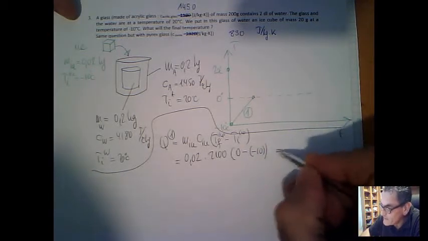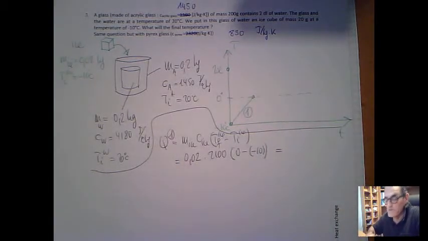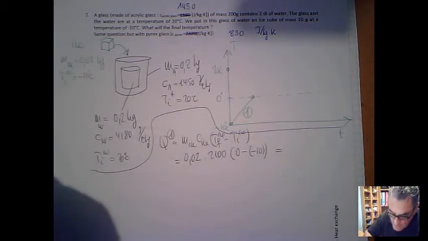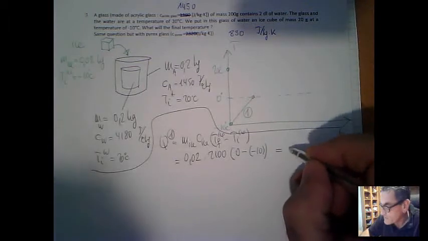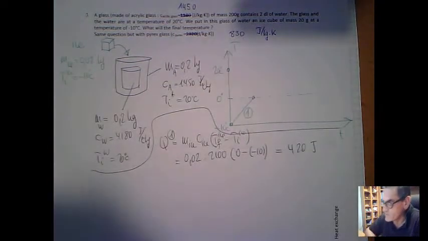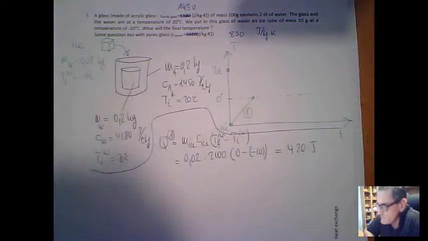And so this is giving you a result which is 0.02 times 2100 times 10. This is giving us, and it's not much, 420 joules.